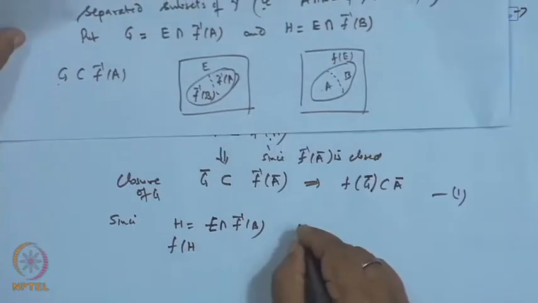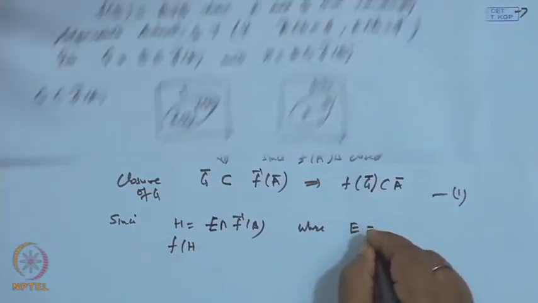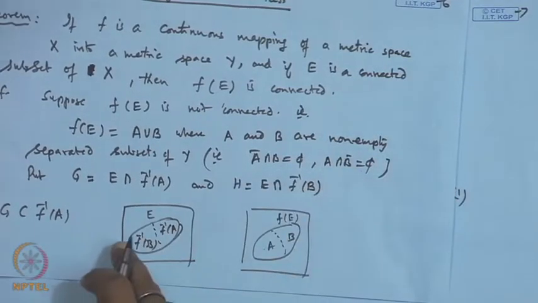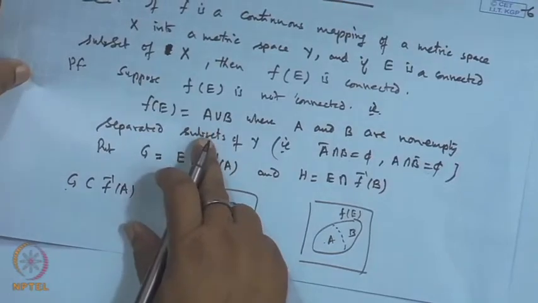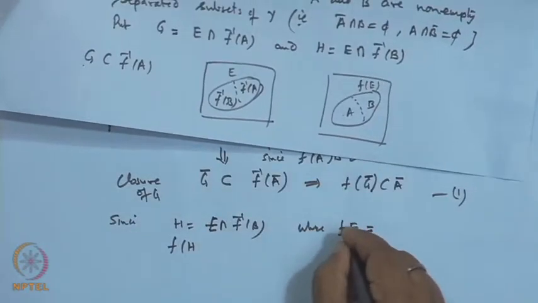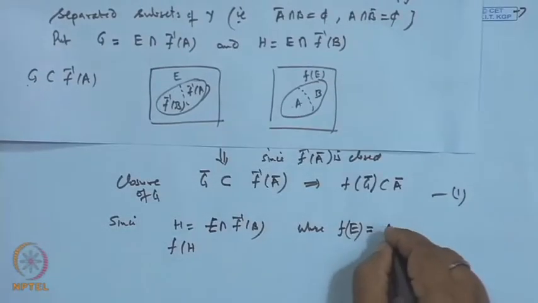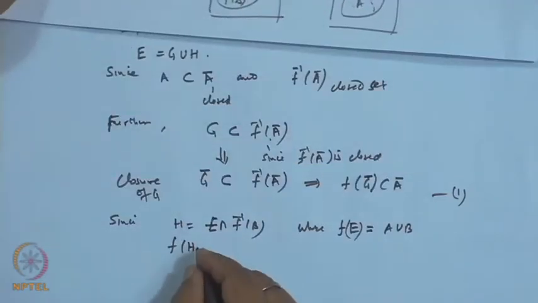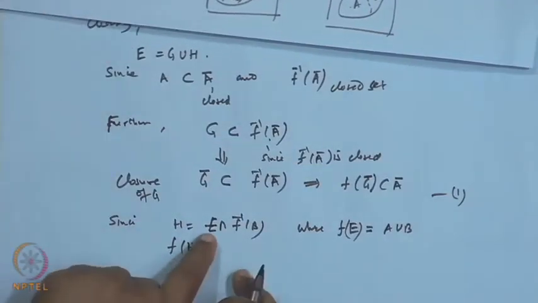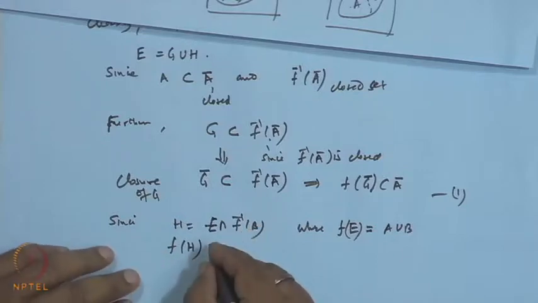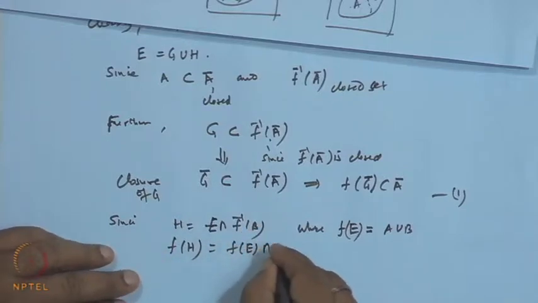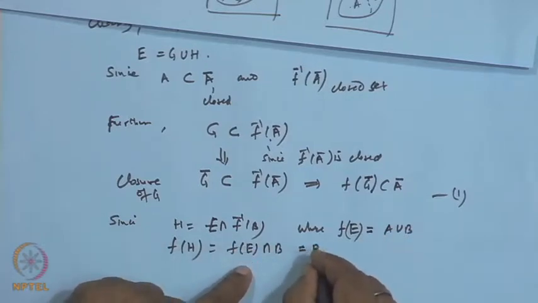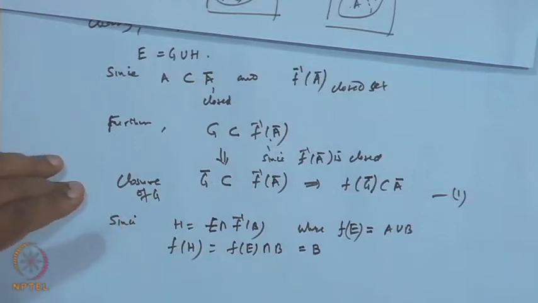We have f(E) as A union B, and they are separated sets satisfying this condition. So if you find f of H, it becomes f(E) intersection B, and when you find the intersection, obviously it comes out to be B. So, f of H will be B.